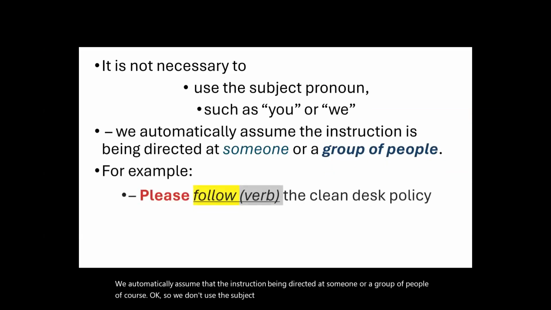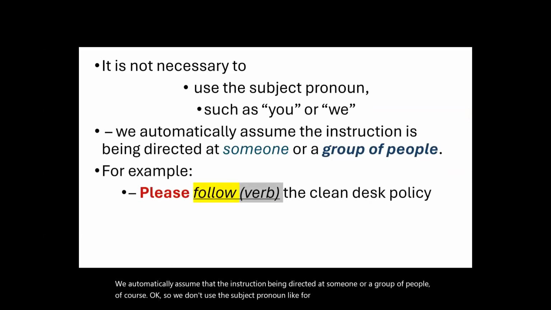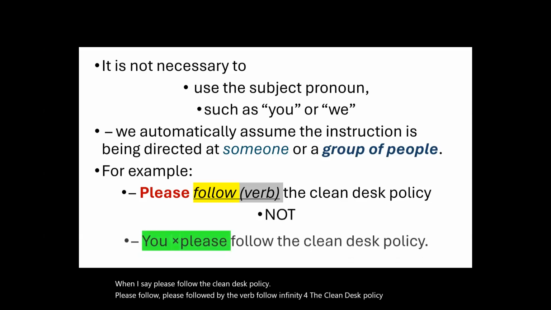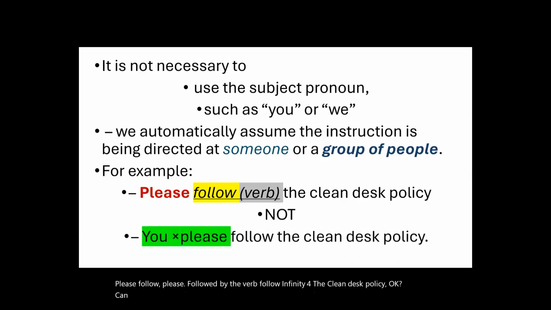For example, when I say, please follow the clean desk policy, please is followed by the verb follow, infinitive form, the clean desk policy. Can we say, you please follow the clean desk policy? No, incorrect. I cannot start with the subject pronoun you. I immediately start with please follow.